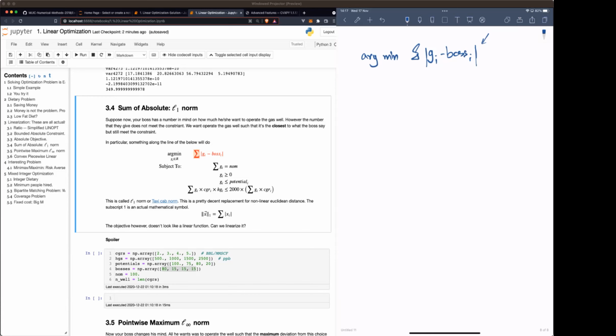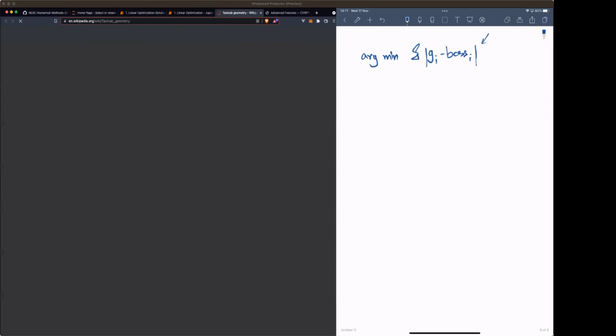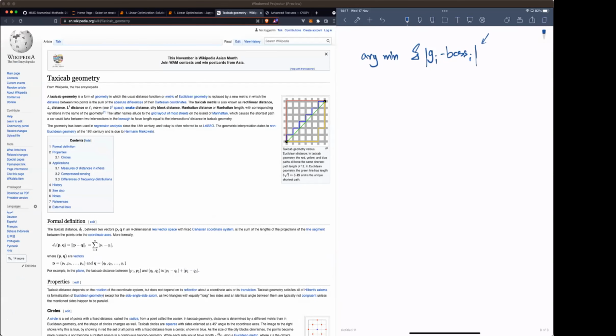If you want to know where the name comes from, it actually comes from the fact that if you go somewhere in New York to another place in New York, then the distance that you go, right? This is like your discrete math homework. The distance that you go, no matter how you do it, you can go up and to the right, or you can go up, right, up, right, up, right. The distances are the same. Okay.